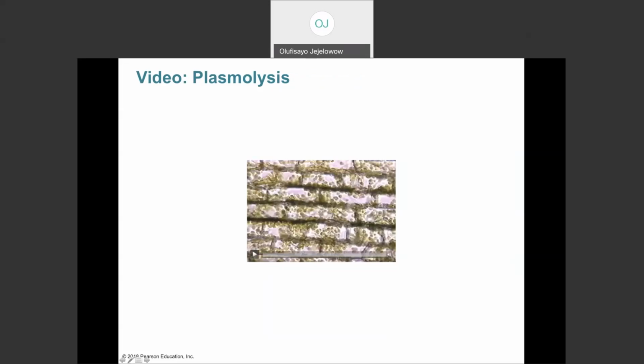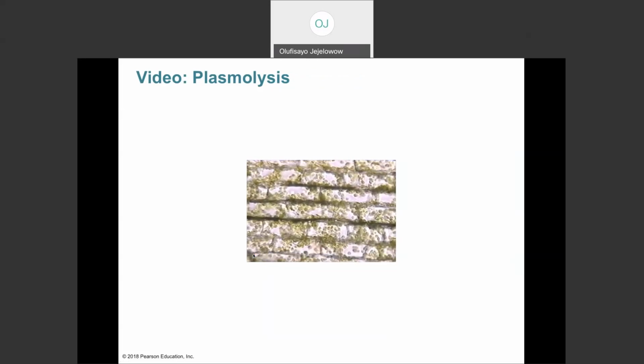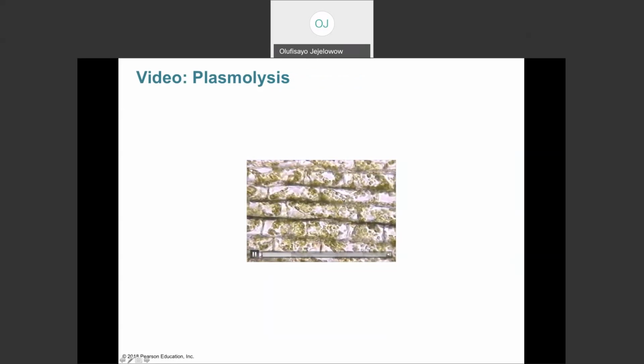This is illustrating plasmolysis in Elodea cells. So we place the cell in a hypertonic solution. Watch as the cell membrane moves in and the cell shrivels. So this is the cell wall. Look at the gap between the cell wall and the plasma membrane in this cell.